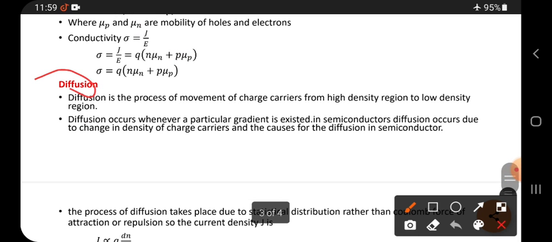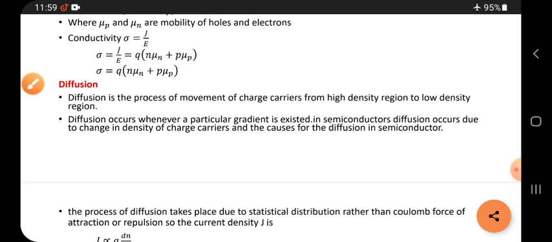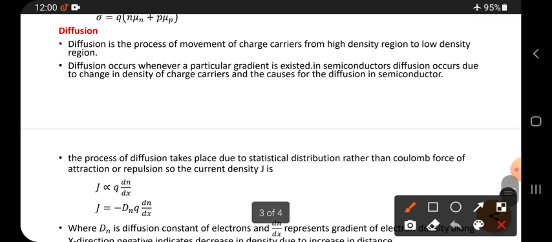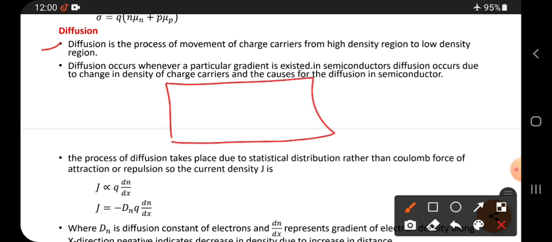Next, there are two mechanisms: one is drift, the other one is diffusion. So what is diffusion? Diffusion is the process of movement of charge carriers from a high density region to a low density region. Suppose we have prepared an n type or a p type material, say n type. One side is highly doped and the other side is lightly doped.